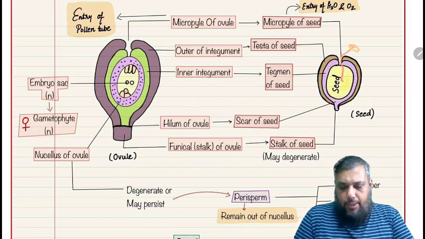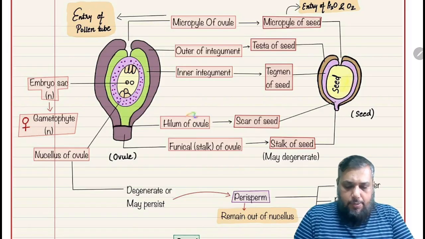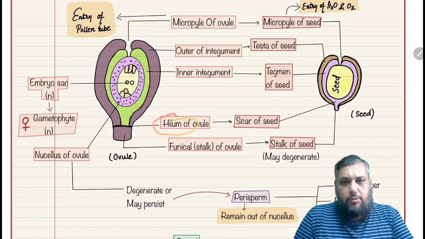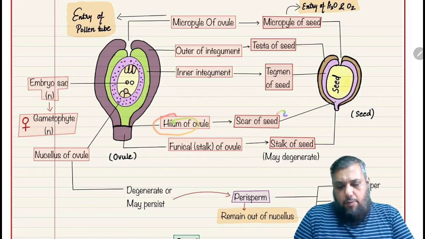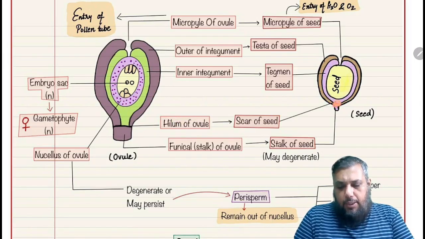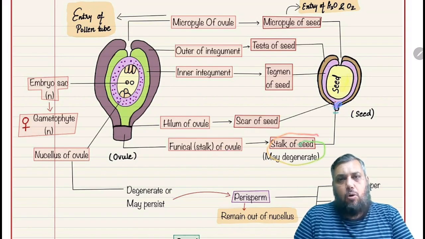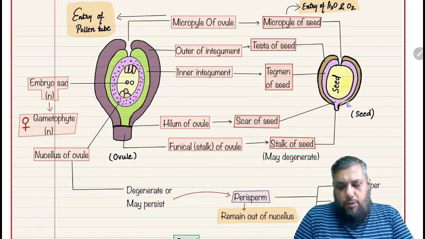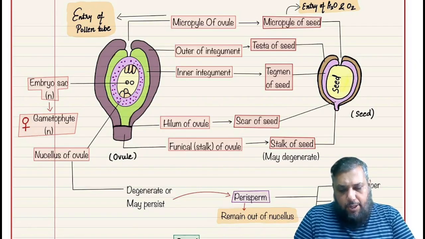From here the root system's radicle can exit. Just as the ovule had a hilum, many times that hilum is visible in the form of a scar, a mark, because many times the funicle, that is the stalk of the ovule, may degenerate, and what you see is a mark of attachment of the stalk to the seed in the form of the scar of the hilum. That means when it was an ovule it had a hilum, and in the case of the seed the hilum appears like a scar.